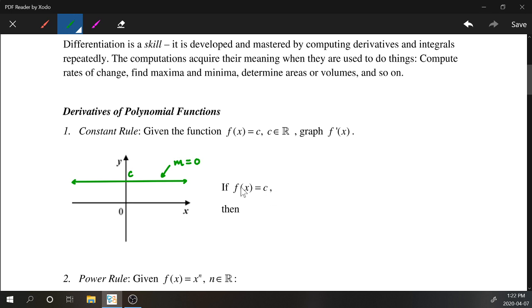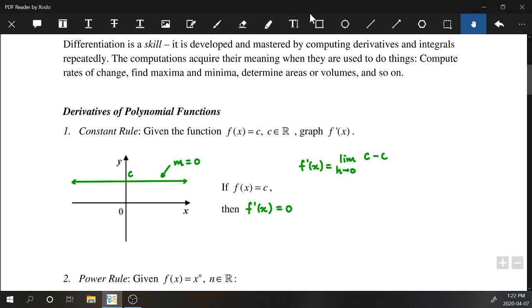So then the f prime of x, given that f of x is just a constant, you're going to have 0 as a result. And you can prove this pretty easily using the difference quotient. So imagine if you were to use the difference quotient in this case. So you have h approaches 0. You're looking for that limit. So you're going to have, in this case, c minus c, and then all over h.